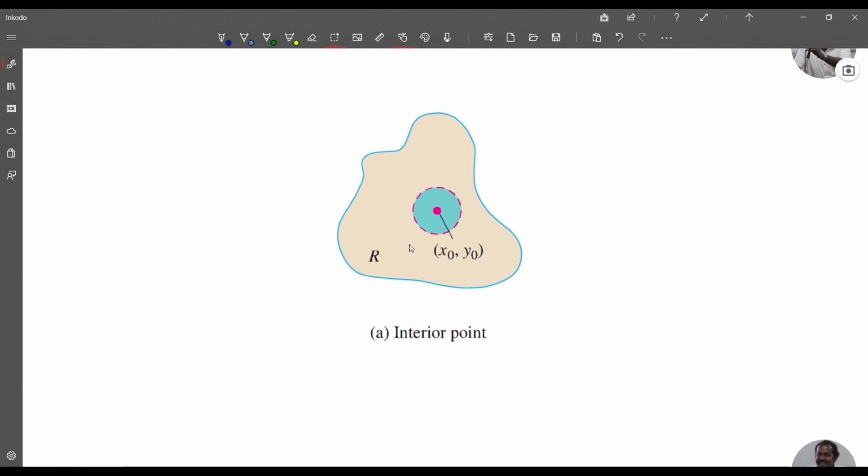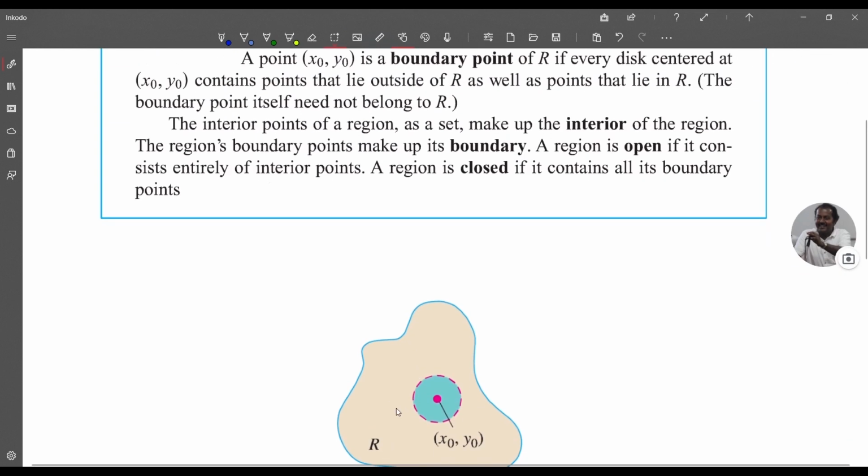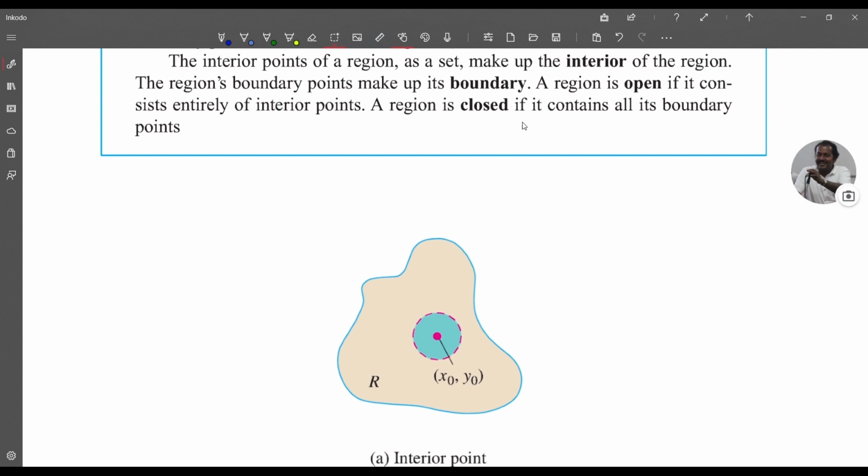And the set of all interior points, so all points of R except this blue curve, make up the interior of the region R.